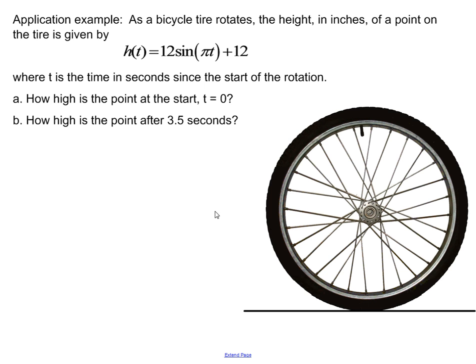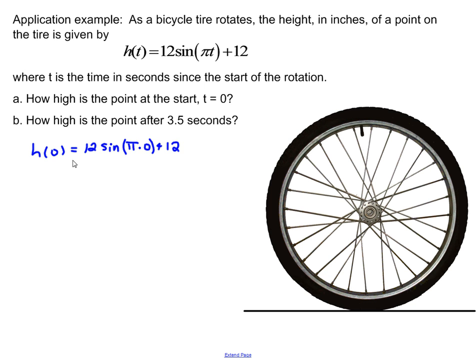Well, if we think about the situation this way, it might help. At time t equals 0, what have we got? If we substitute it into our function, we find that h of 0 is the same thing as 12 times the sine of pi times 0, which is just 0, plus 12.